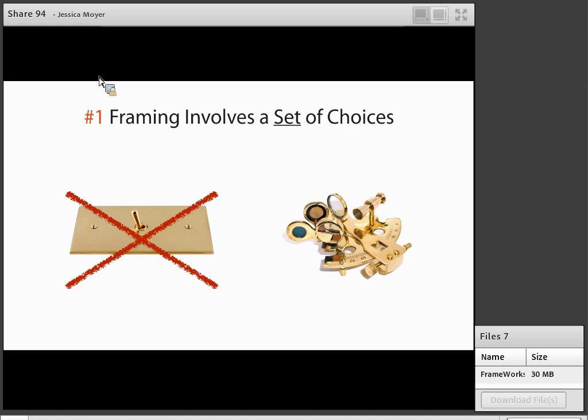It's about how you say it. So framing involves choices like what tone you use. We just talked about adopting a crisis tone, but there are lots of other options, like a reasonable tone or an explanatory tone. So the choice of tone is a framing choice.